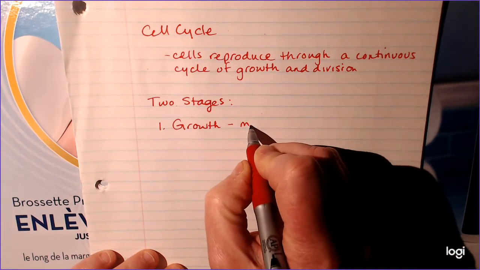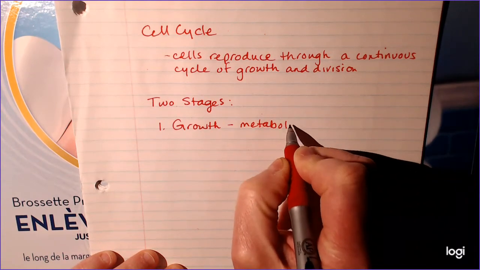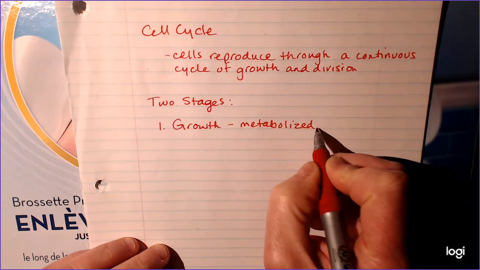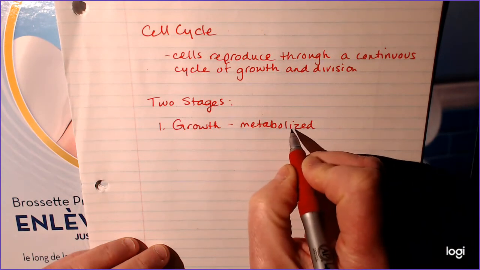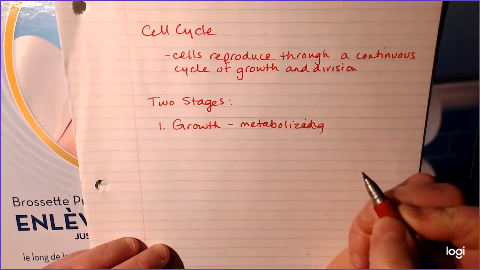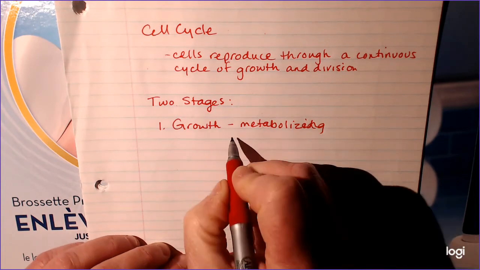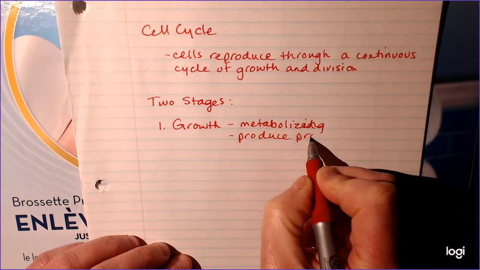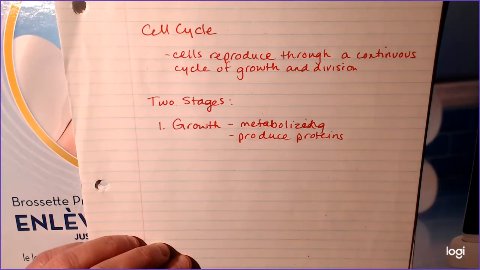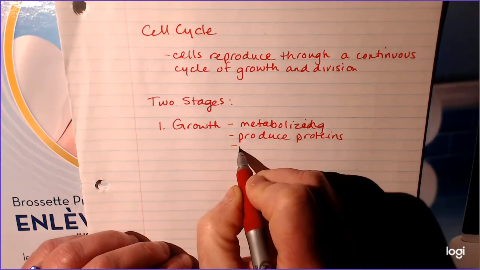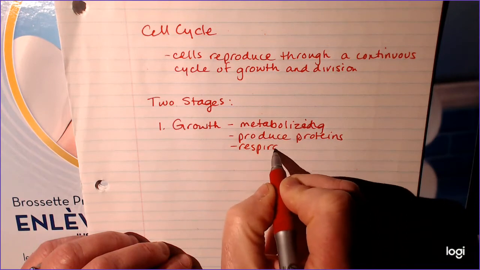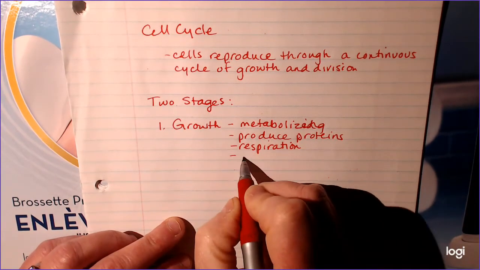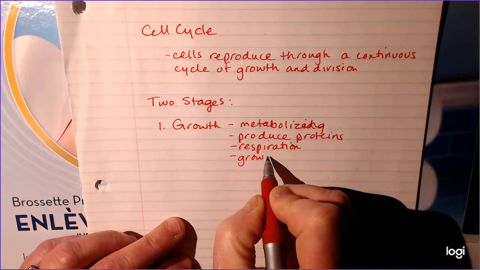It's metabolizing. So it's burning up glucose in order to form energy to do chemical processes. All right, it's producing proteins. All right, it's doing respiration. All right, and it's actually physically growing. It's getting bigger.